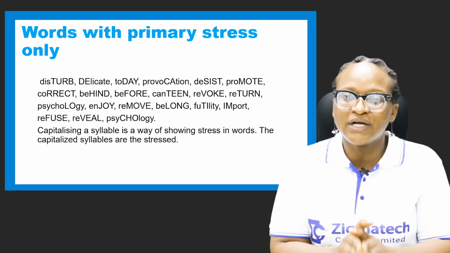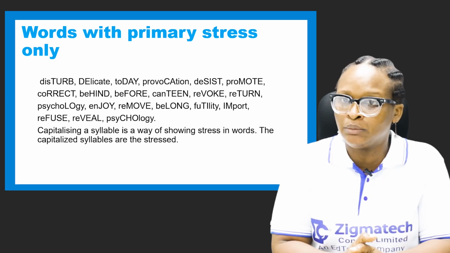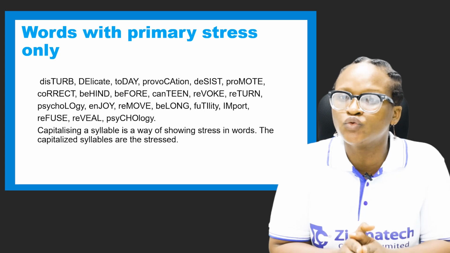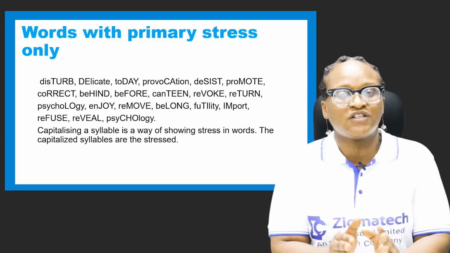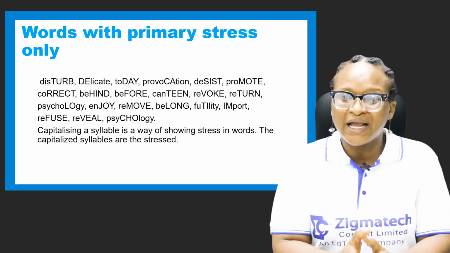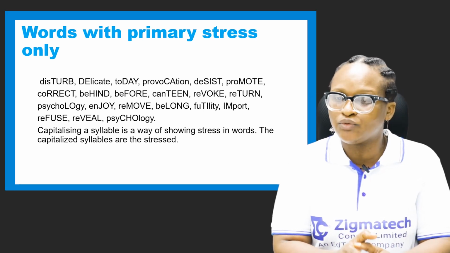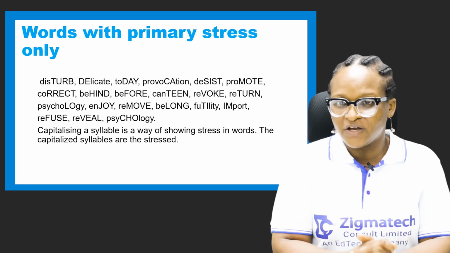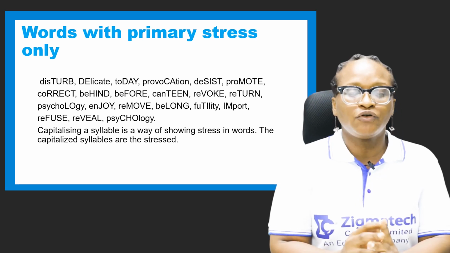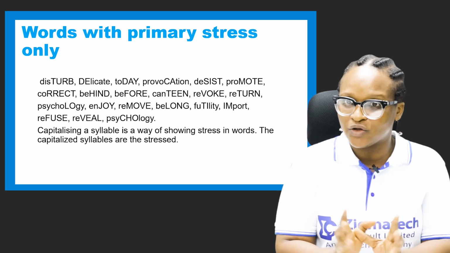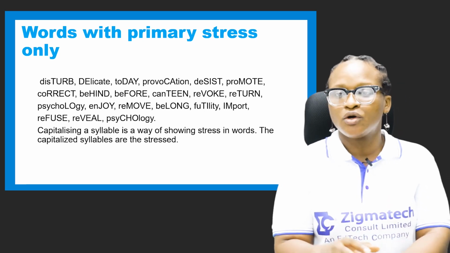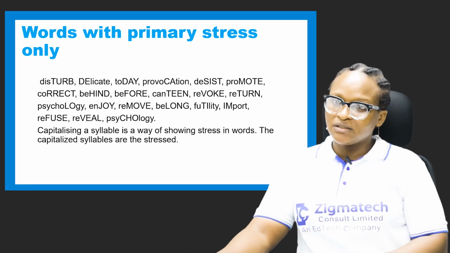If it's a noun, nouns are stressed on the first syllable. Noun words with two syllables, please get me right, are stressed on the first. Likewise, adjectives of two syllables are stressed on the first syllable. But verbs and prepositions, like we have here, are stressed on the second syllable.